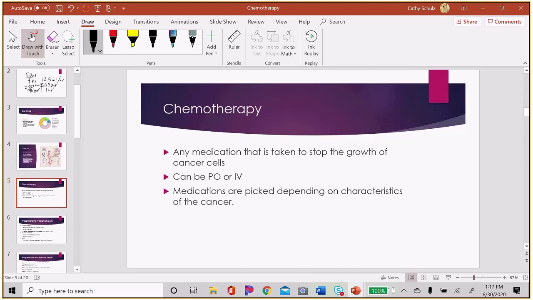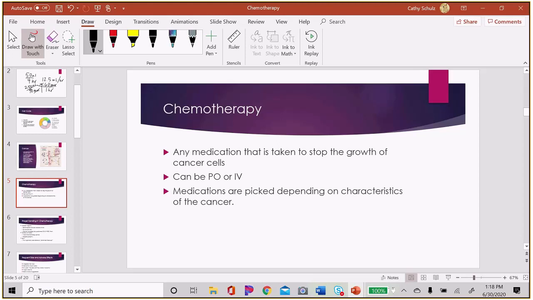The cells in our bone marrow divide very quickly, the ones that we have been talking about that create the red blood cells, white blood cells, and platelets, and our cells that support fertility or reproduction, especially sperm. So those cells can be destroyed or harmed even though what we were trying to do was harm the cancer.